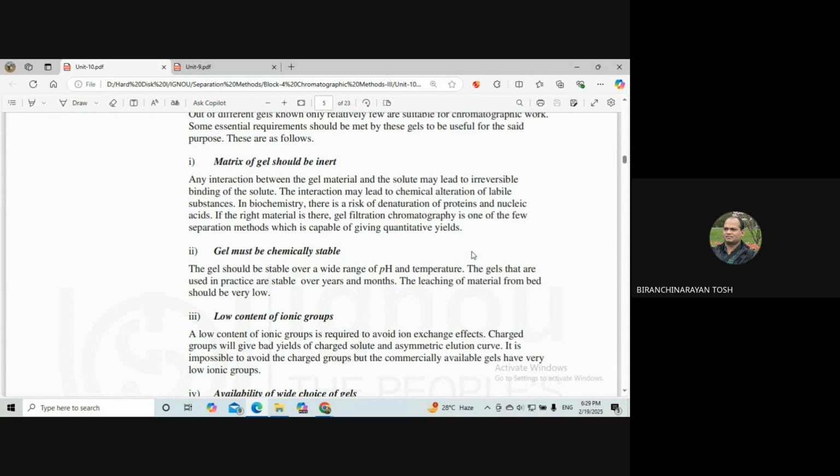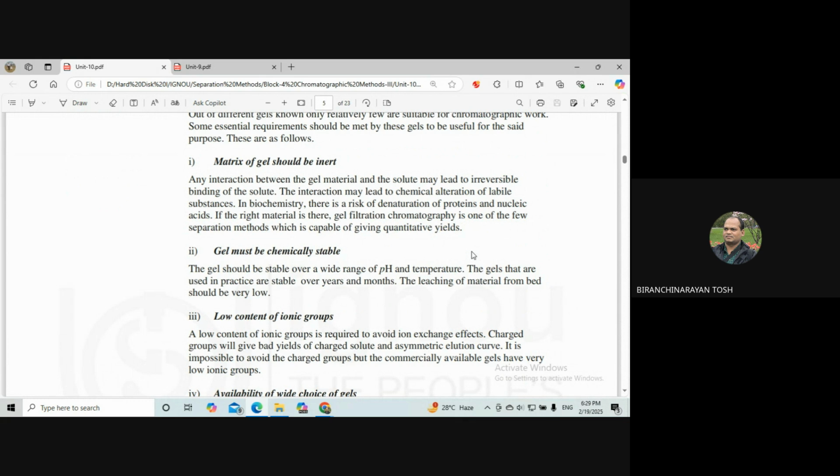And availability of a wide choice of gels. For the adoption of a method to different problems, a wide choice of gels with the same general composition but different fractionation regions should be available. For microreticular gels, the fractionation range is mainly determined by swelling properties.